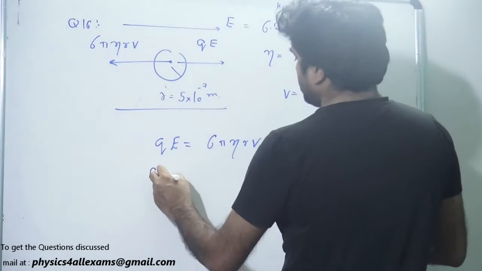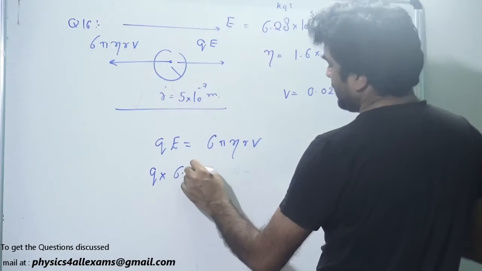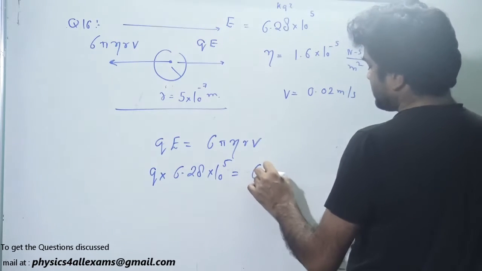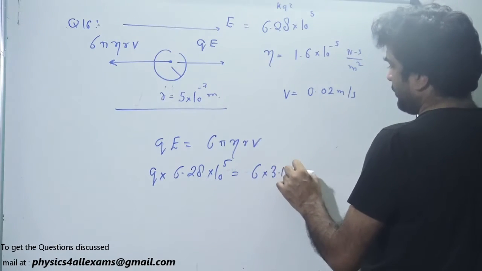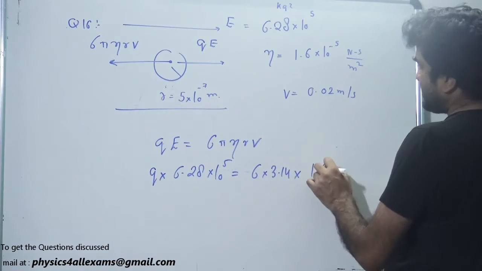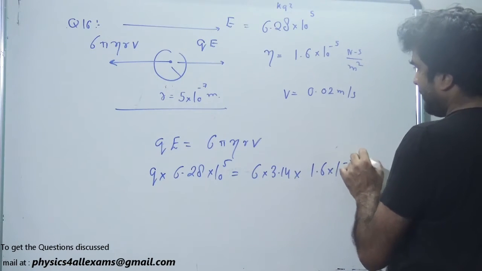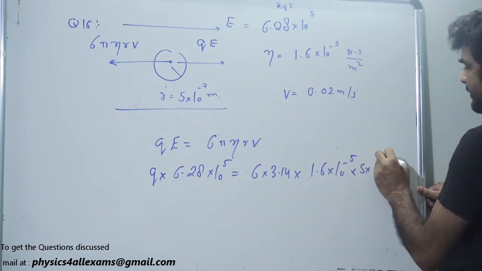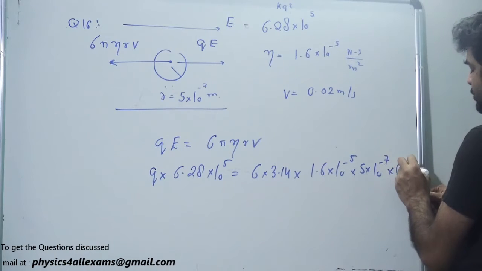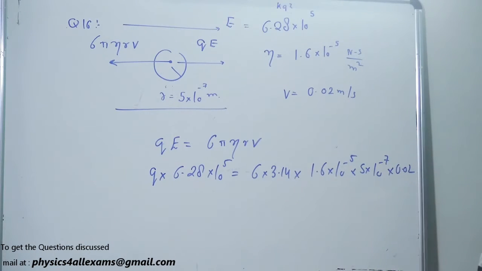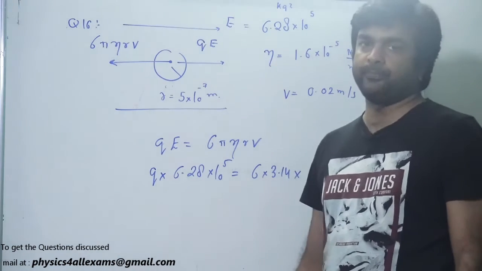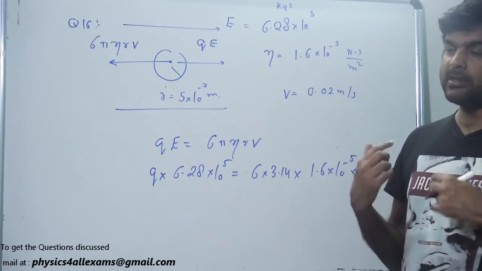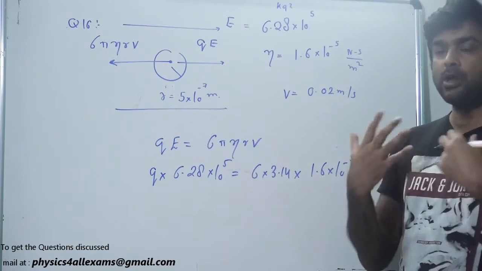Q is unknown, electric field is 6.28 × 10^5, 6π is 3.14 × 6, eta is 1.6 × 10^-5, radius is 5 × 10^-7, velocity is 0.02. Solving this, we will get the value of Q. But in this problem, charge Q is not asked, it is asked how many electrons are there.